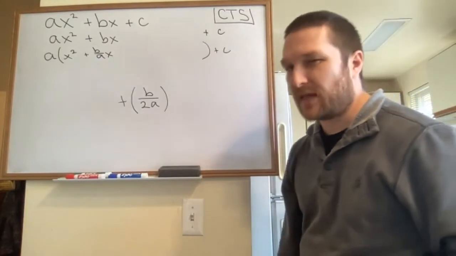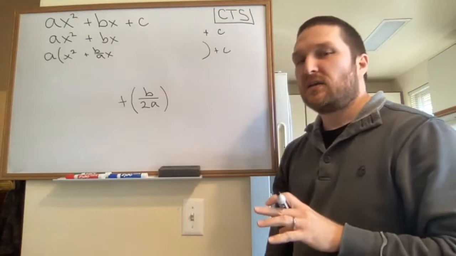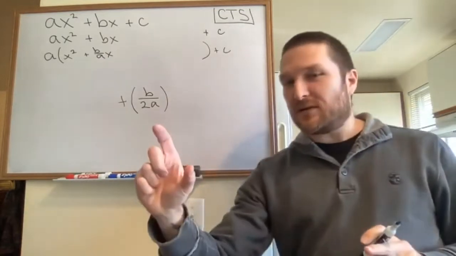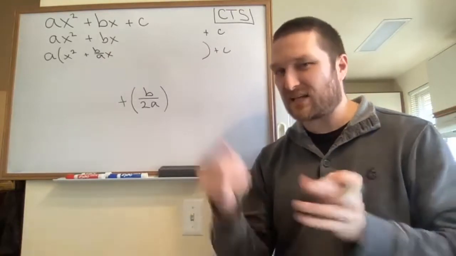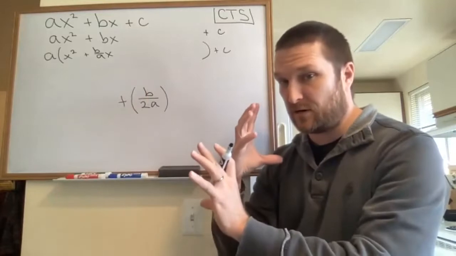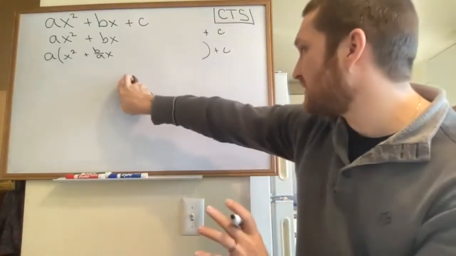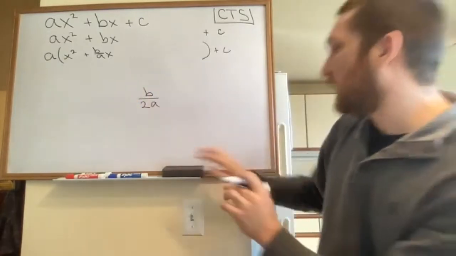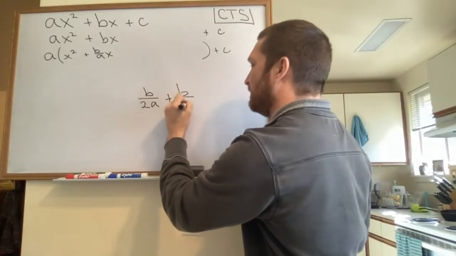Do you believe that? Yes. And in the homework, I said, don't use your brain, just throw a 2 in the denominator. Right? And let's just make sure of that, because we know what needs to happen, right? You're going to have an outer and an inner, and it's going to end up being this plus itself. I'm claiming that this is 1/2 of b over a.